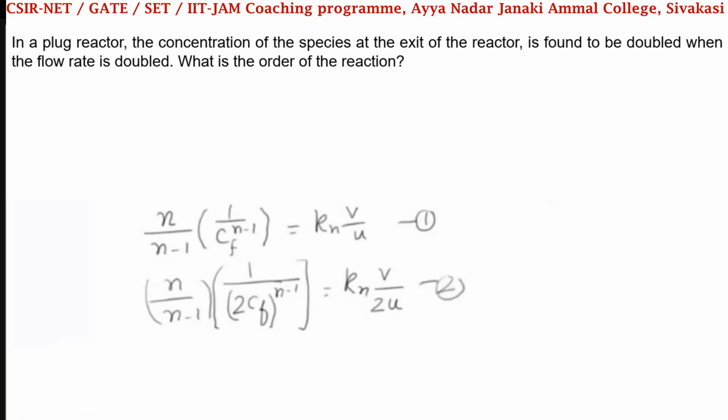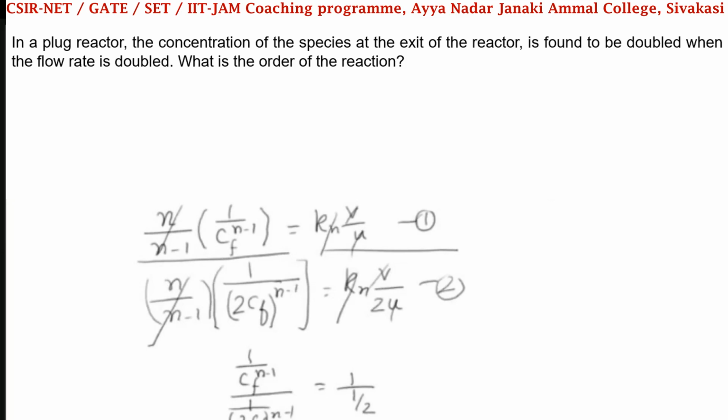Now substitute. Divide one equation by the other equation. The n by n minus 1, Kn, V and U cancel. Finally you would be left with Cf power n minus 1 by 2Cf power n minus 1 equal to 1 by 2.